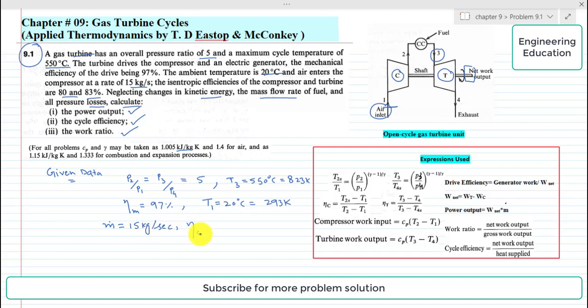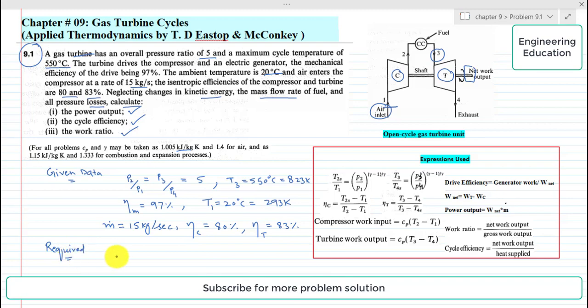Isentropic efficiency of the compressor is 80% or 0.8, and the isentropic efficiency of the turbine is 83% or 0.83. We are required to find 3 terms in this problem.